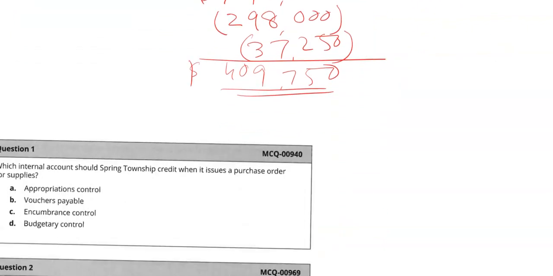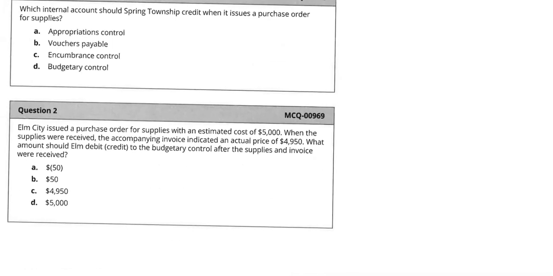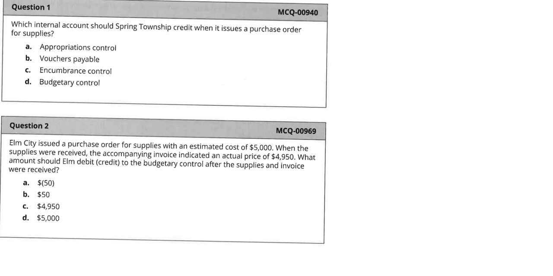Then we have a couple of quick problems here. Which internal account should Spring Township credit when it issues a purchase order for supplies? Right. So this means the encumbrance journal entries. You already know you have to debit encumbrances and you have to credit budgetary control.